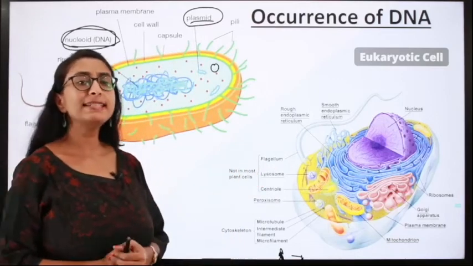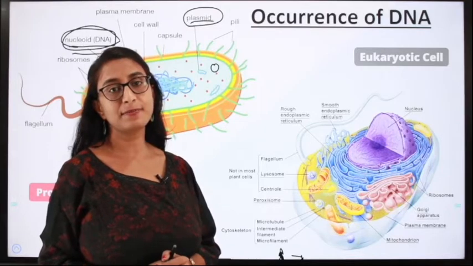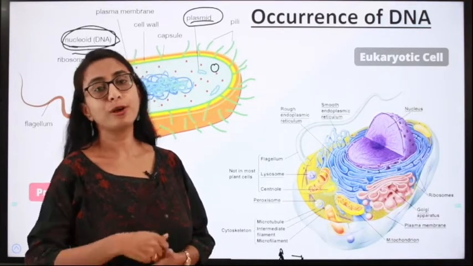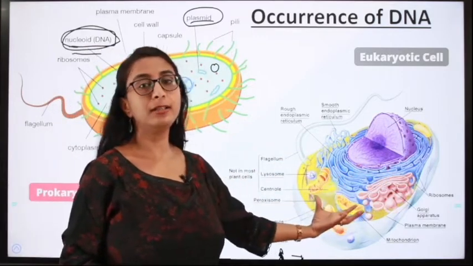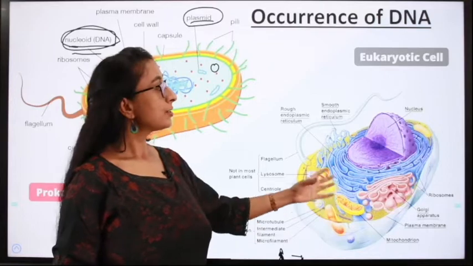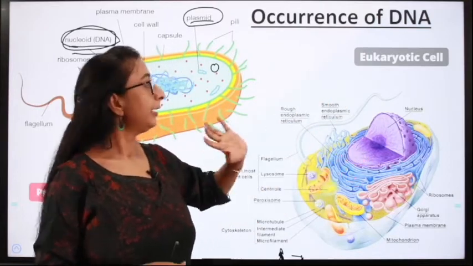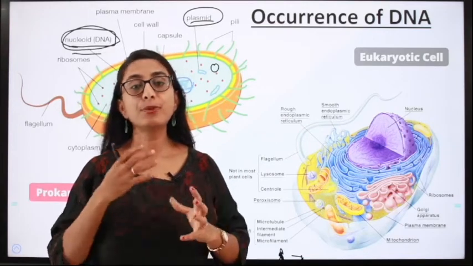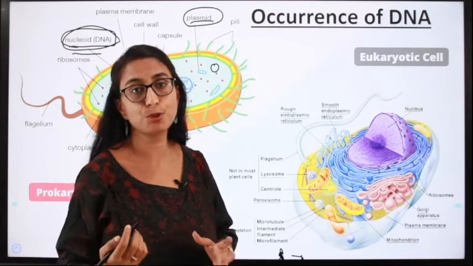The eukaryotic cells are present in higher organisms, isn't it? So all plants, animals and higher organisms have eukaryotic cells which have very well defined organelles. So how is the DNA present in a eukaryotic cell? In a eukaryotic cell, you can find that the DNA is present as a complex along with proteins called histones.